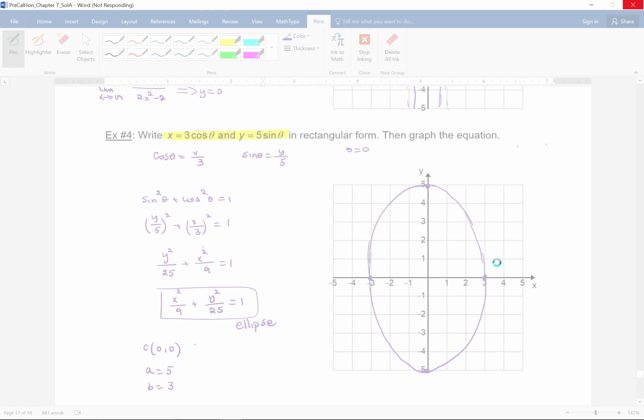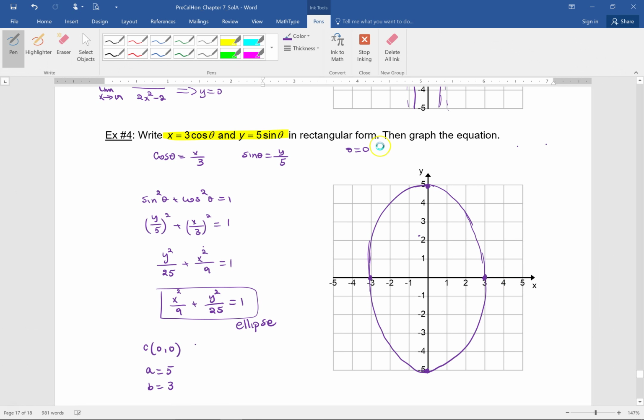Okay, when theta is equal to 0, how much is our y and how much is our x? X is 3, y is 0, so we are right there, right? When theta is equal to 0, x is 3, y is 0, meaning at theta equals 0, we're at 3, 0, okay?